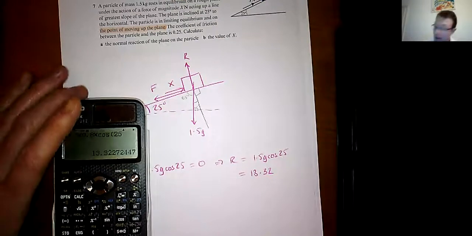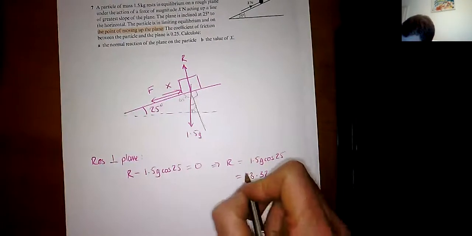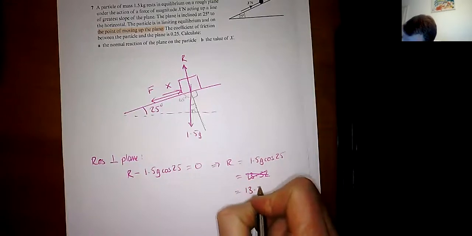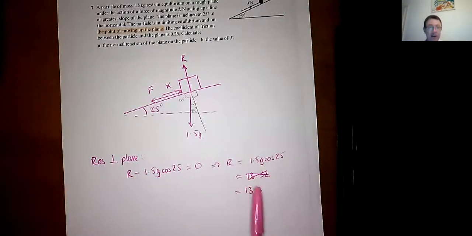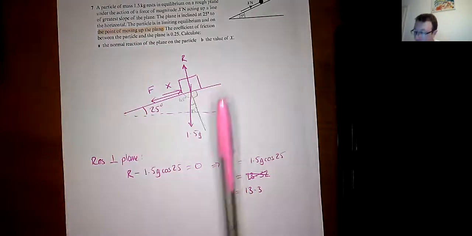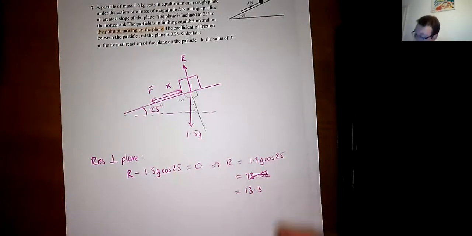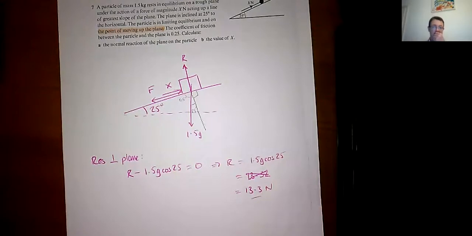Do you know what? No, I mustn't. I'm going to say 13.3 because that's an answer. That's an actual question that it's asked, hasn't it? What is R? And I mustn't go to more than three significant figures because the question involves g. So there's R there anyway, 13.3 newtons.